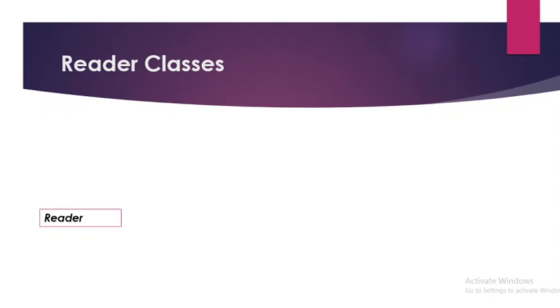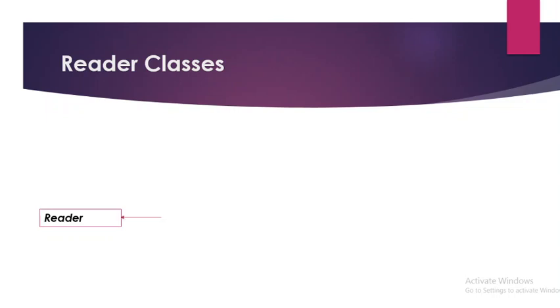First we will see the hierarchy related to the Reader classes. Reader means this is something related to input. All these are classes which we can use to read data or information from different sources or different types of streams. The top level abstract class is Reader.